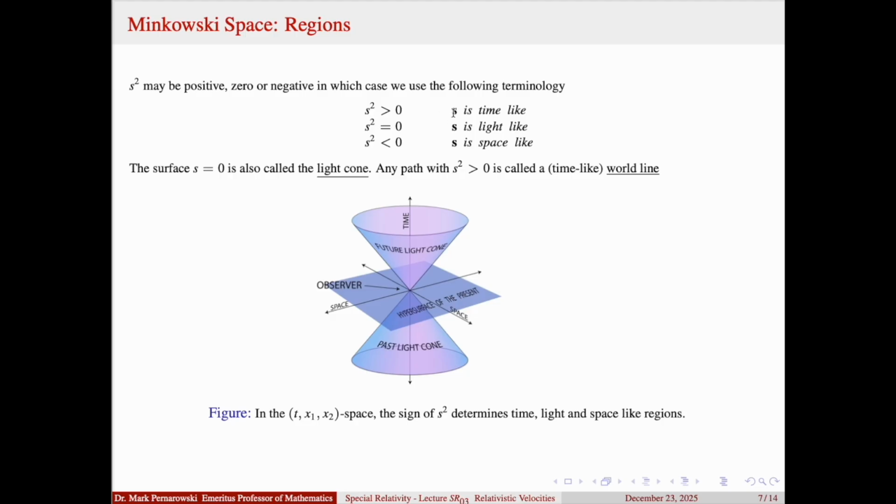Most of the action really occurs in these first two scenarios. And if you look at the formula for S squared, S equals 0 is actually the equation of a cone in a high-dimensional space. Reality sits inside the cone, and anything that travels at the speed of light sits on the cone itself.